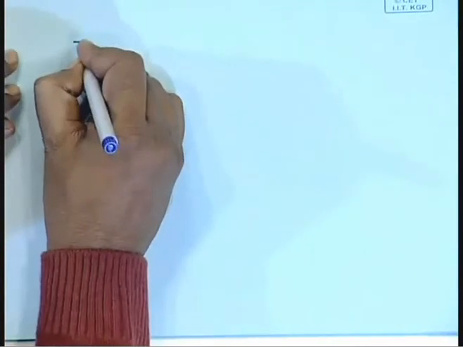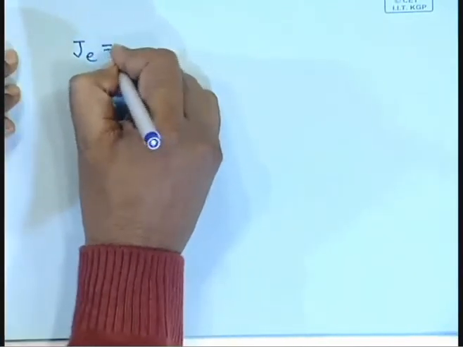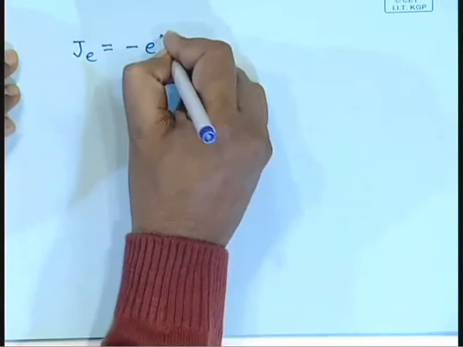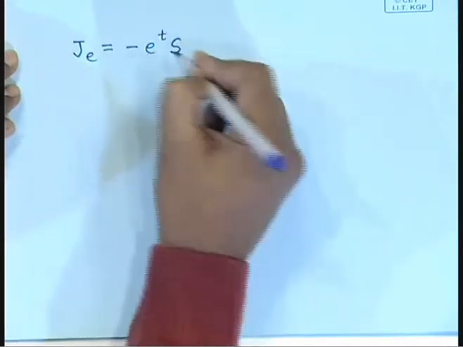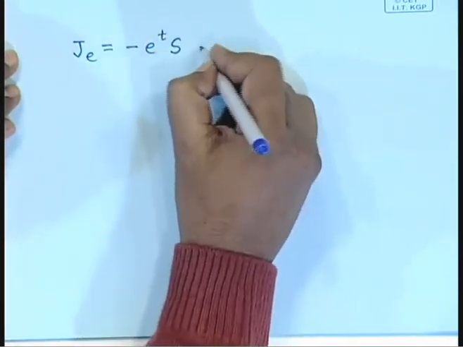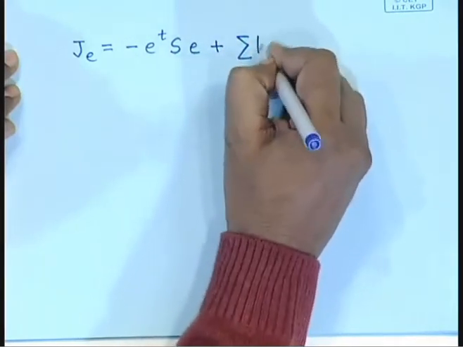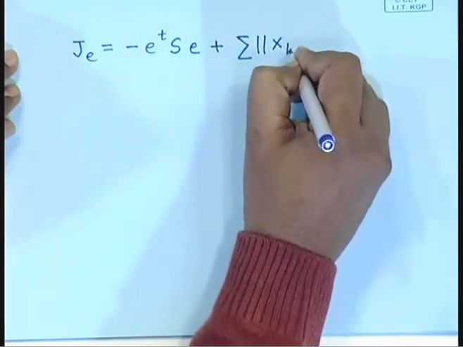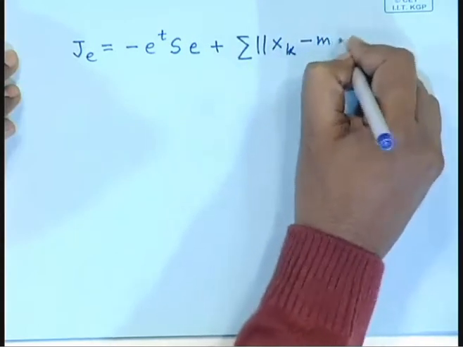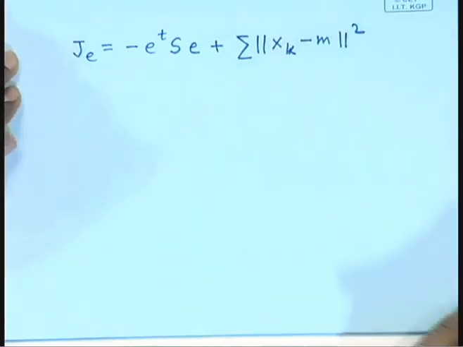So, this expression now becomes J E. If I simply rewrite this, J E is equal to minus E transpose S E, where S is the scatter matrix, plus summation of x k minus m square.